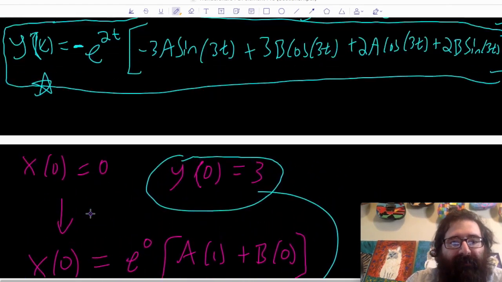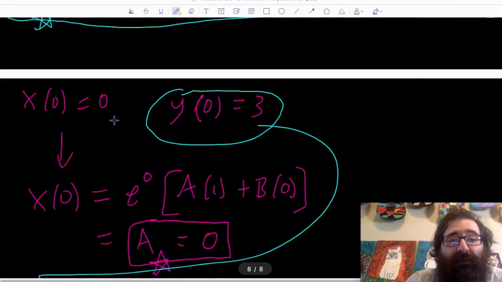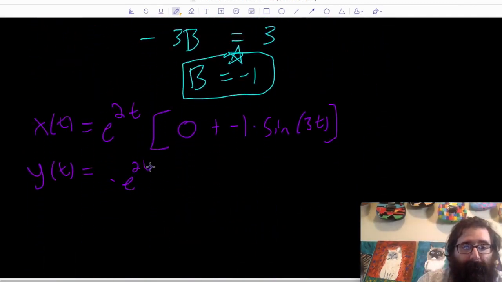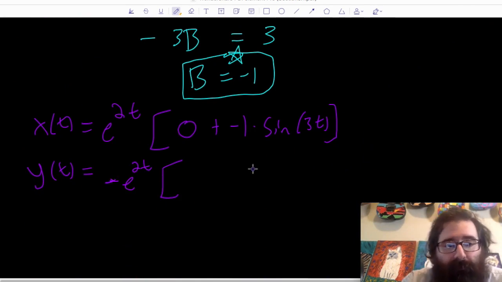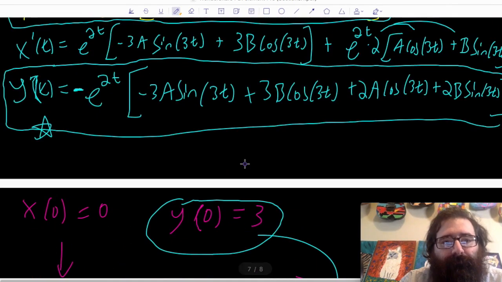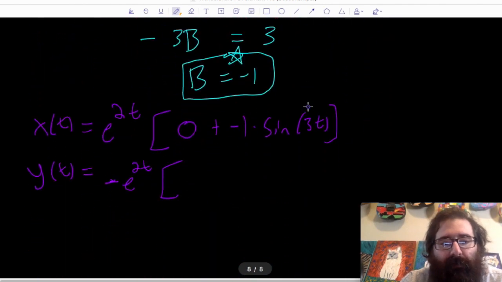Y at t has this negative e to the 2t in front. So let me write that down first. It's a minus sign. I don't know if I made it look more convincingly like a minus sign, but it definitely stands out more now. A is 0, so that first term is 0. B is negative 1, so we get negative 3 cosine 3t.